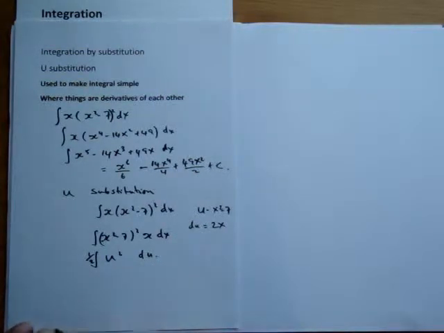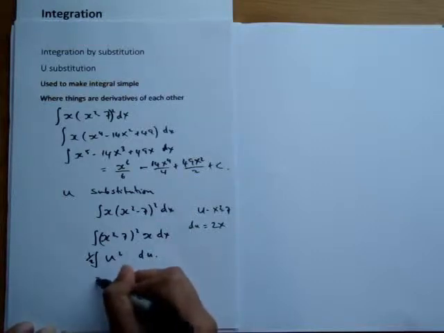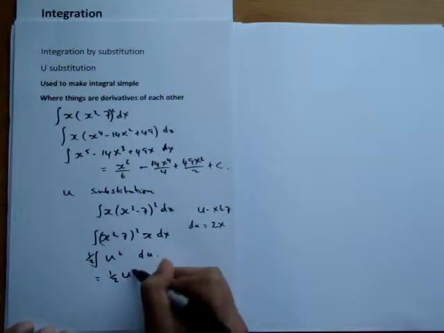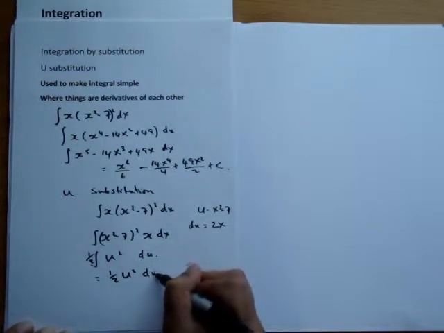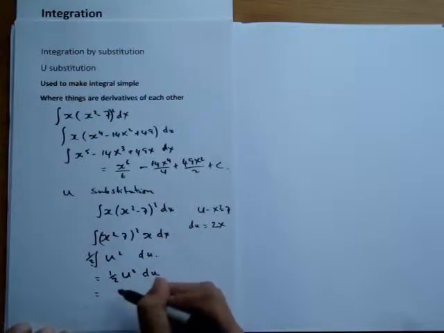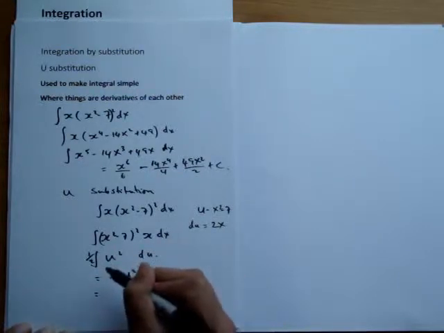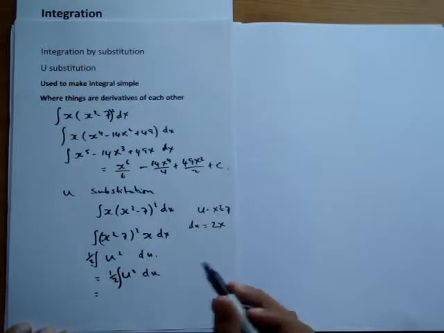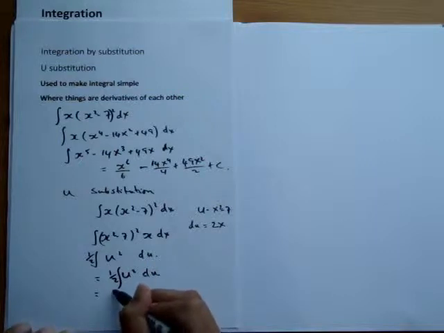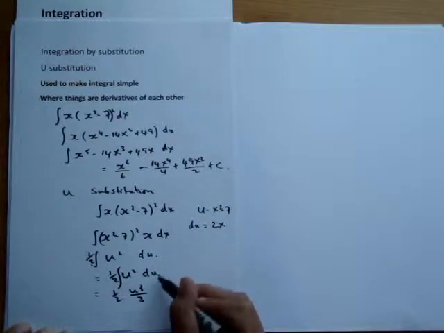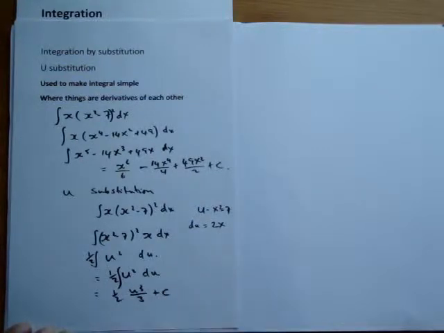And then when we integrate, we get a half u squared du, so that should be the integral of half u squared du. Then when we integrate, we get a half u to the power 3 over 3 plus c.